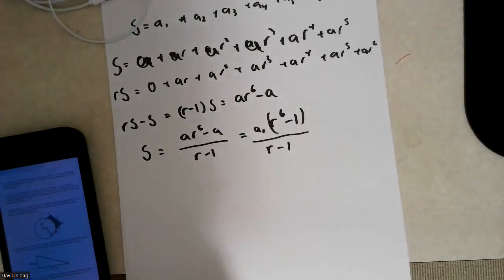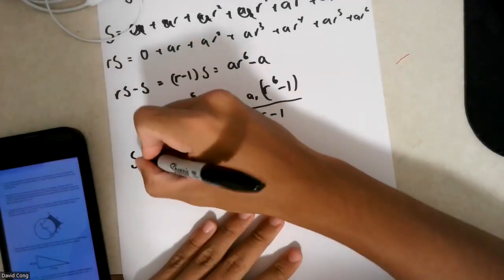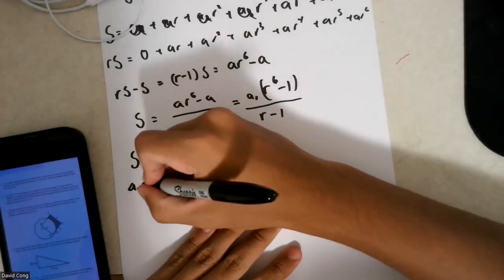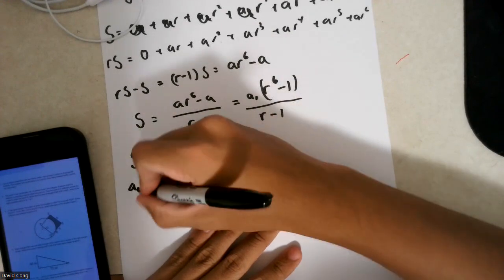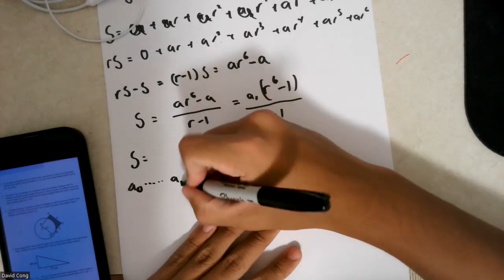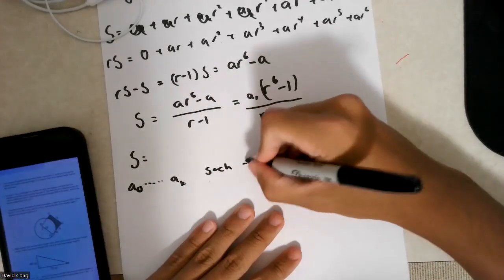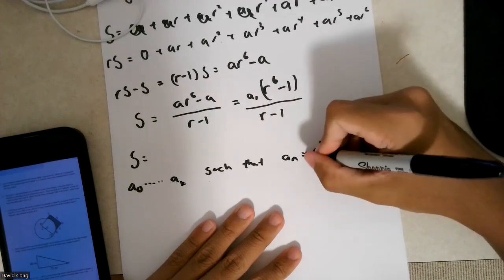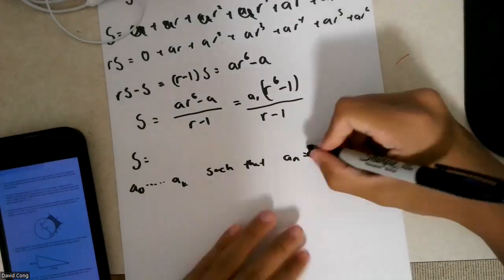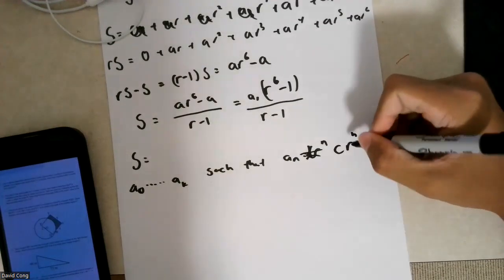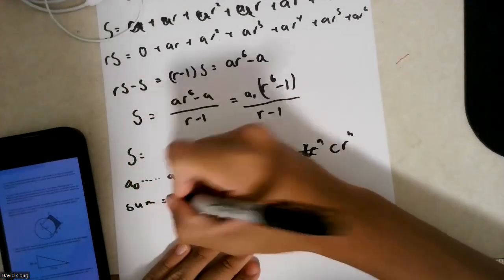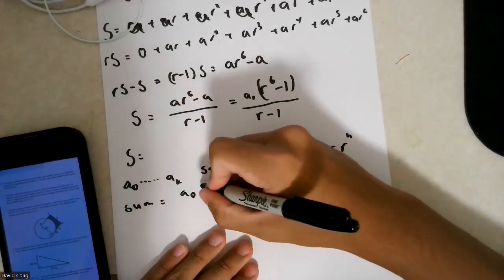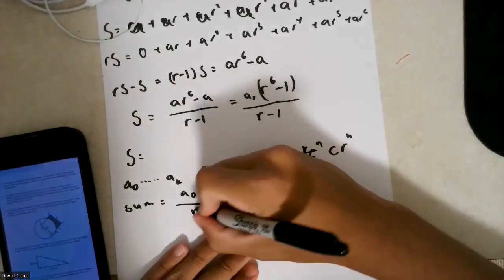This is the sum of a bounded geometric sequence, something you should memorize. The bounded geometric sequence sum, for terms from A0 all the way to AK, such that AN equals R to the N times some constant C, so AN equals C R to the N, is equal to A0 times R to the N minus 1 over R minus 1.